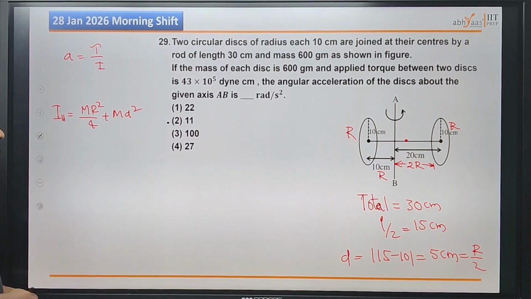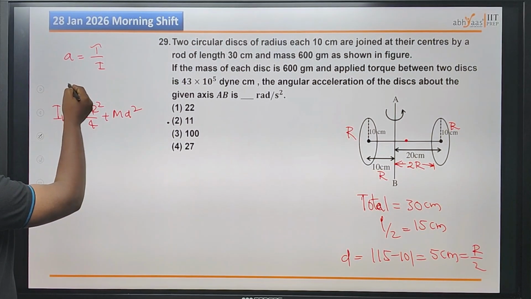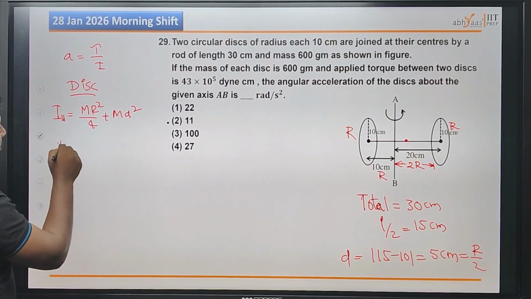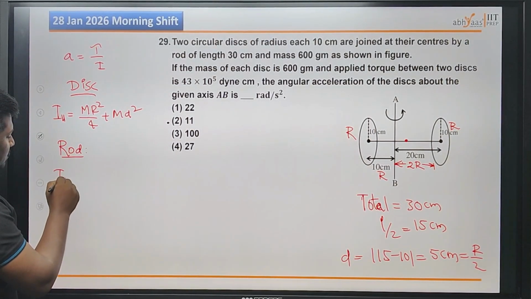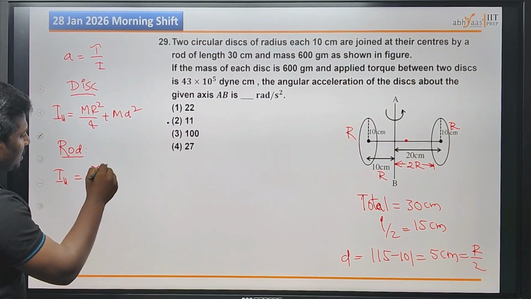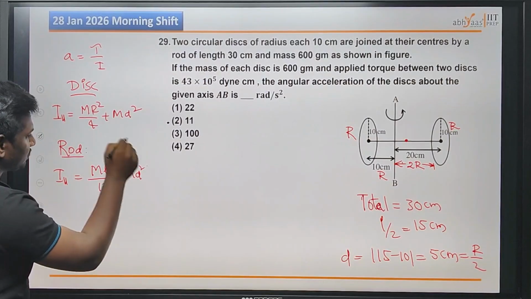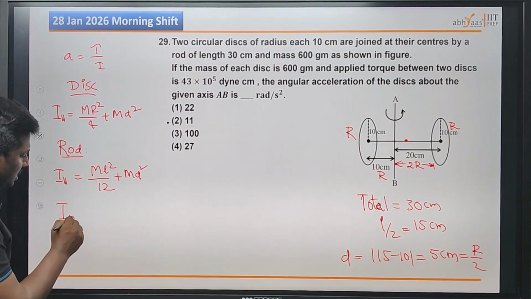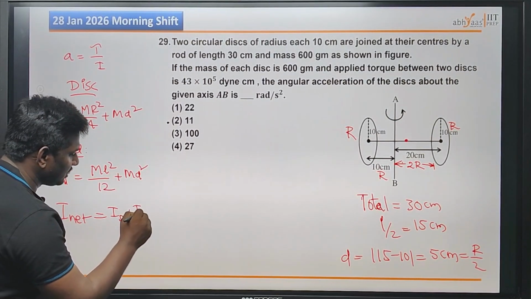Next, see here, this is for disc. For a rod, I parallel can be written as ml square by 12 plus md square. So I net can be written as I disc plus I rod.